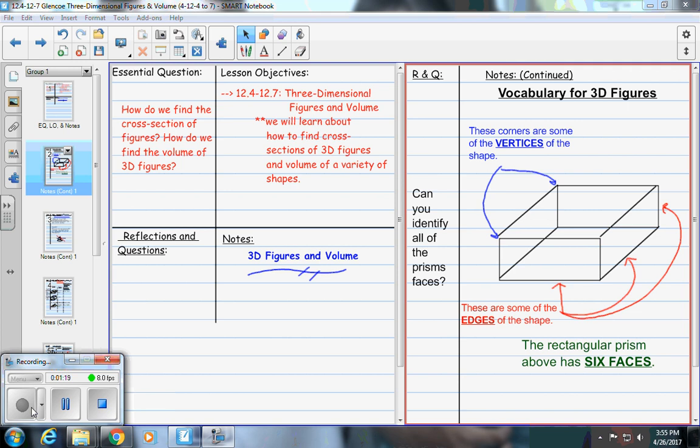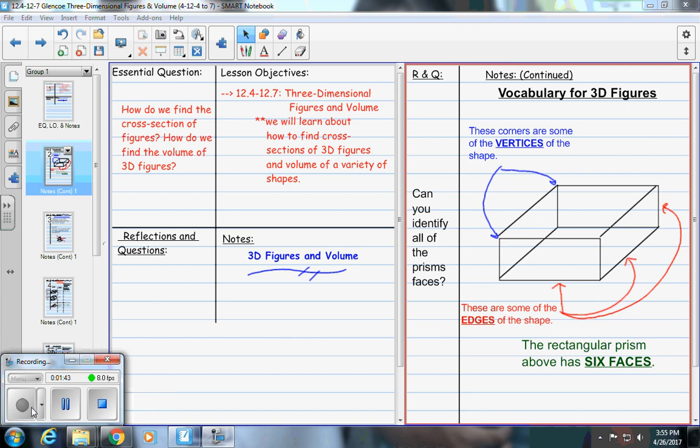These blue arrows that are being pointed at the corners of the prism are called vertex, or vertices if you're talking about many of them. The red arrows are showing the edges of the shape. Those are the edges. And then lastly, this rectangular prism above has 6 faces.